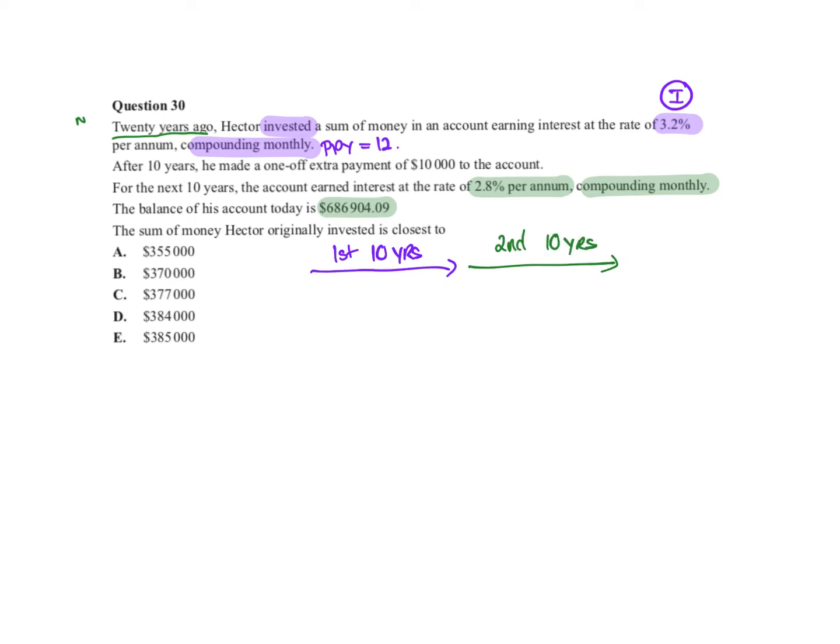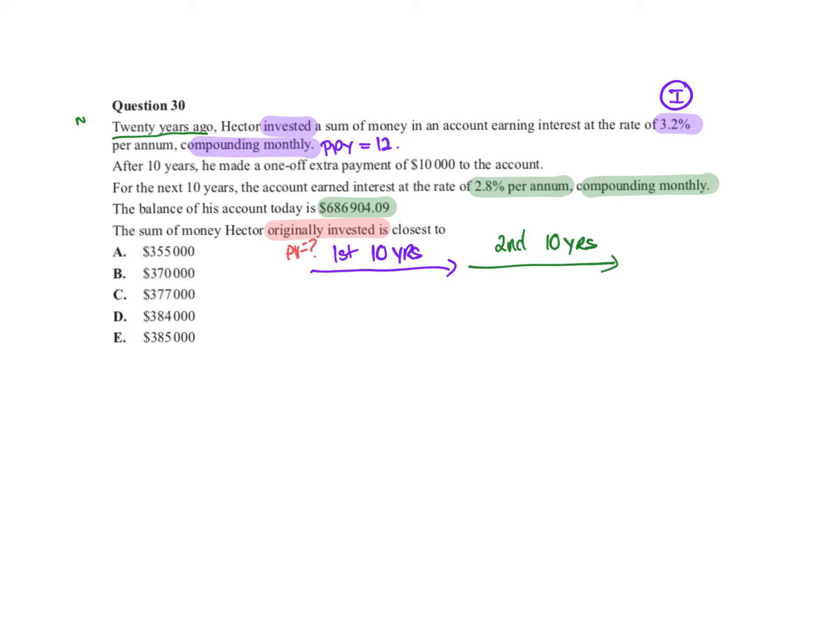So that was in total 20. The sum of money he originally invested would be down here. In the first 10 years, the PV is going to be the question. That's what we want to know.